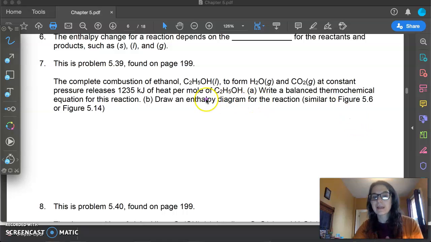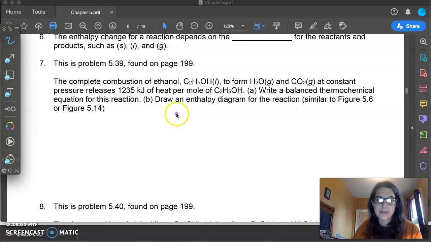That tells you that in that equation, since all the coefficients are different, not all 1-to-1, we say per mole of reaction. So if we have 1 mole of ethanol and 3 moles of O2, producing 3 moles of H2O and 2 moles of CO2, that is how many kilojoules were released per mole of reaction. So you have to have those specific ratios in order for this much heat to be released.